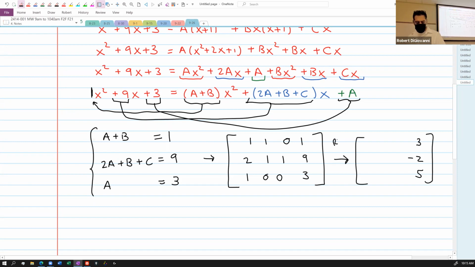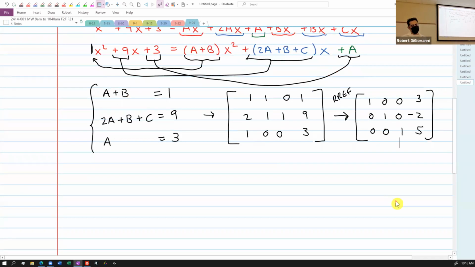So through the RREF, we're getting 1, 0, 0, 3, 0, 1, 0, -2, 0, 0, 1, 5. So our answer should be 3, -2, and 5.